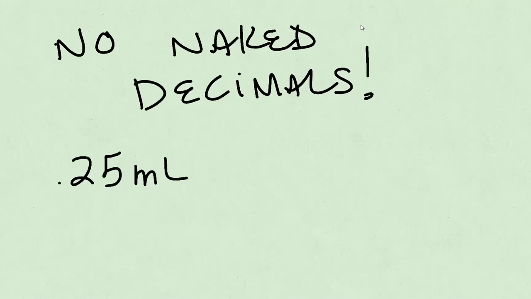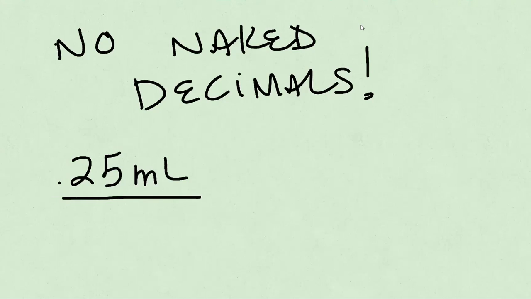So they may go ahead and give that animal 25 mLs. What you meant to say is 0.25 mLs. If you leave this as a naked decimal and just have the .25, that's what we consider a naked decimal. So you can get overdoses really easily.